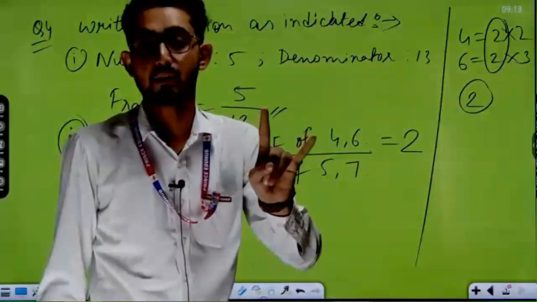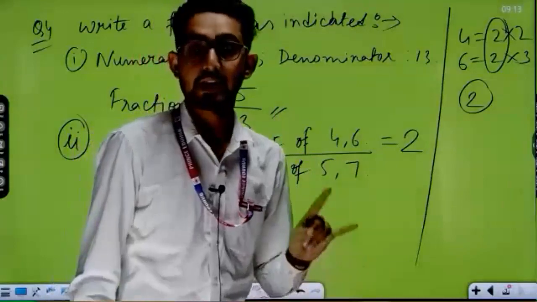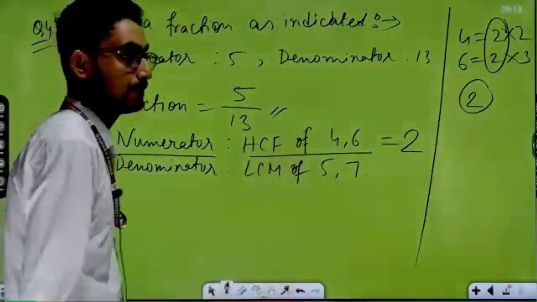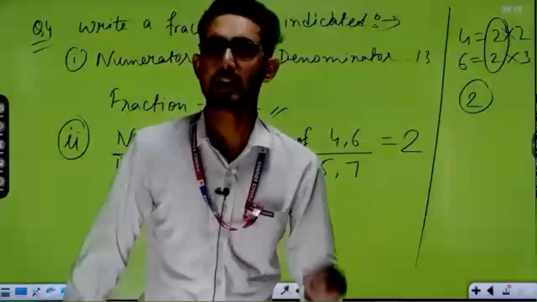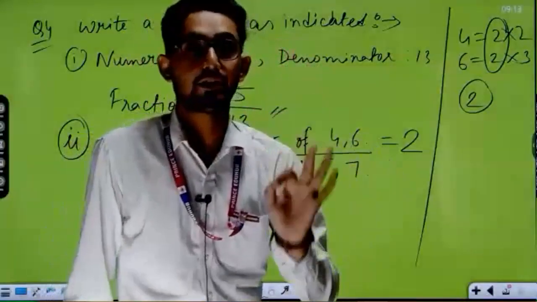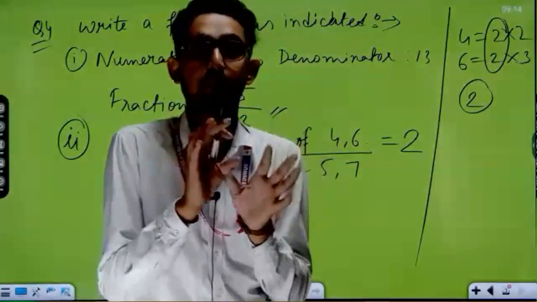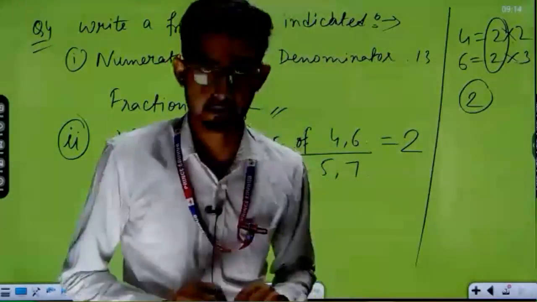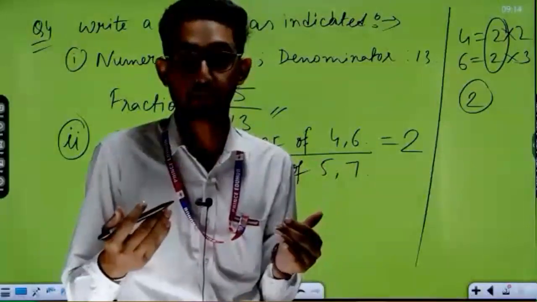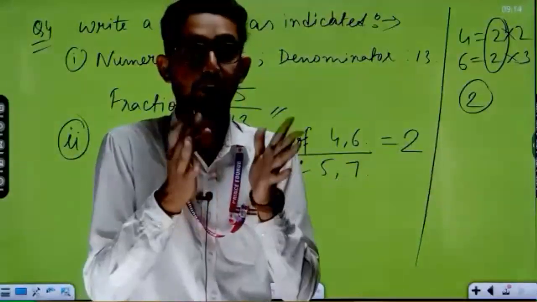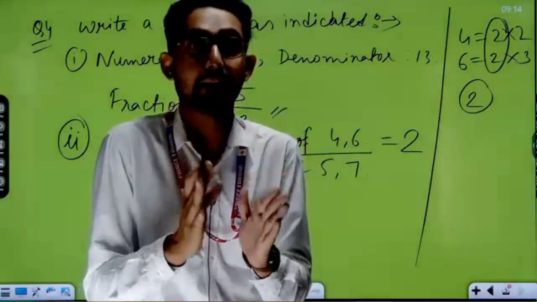Now we will find out the LCM. What is the LCM of 5 and 7? I am telling you a trick, you have to remember this trick. When in front of you a type of number like this comes, where both are prime numbers, in that case we will multiply them when finding the LCM.